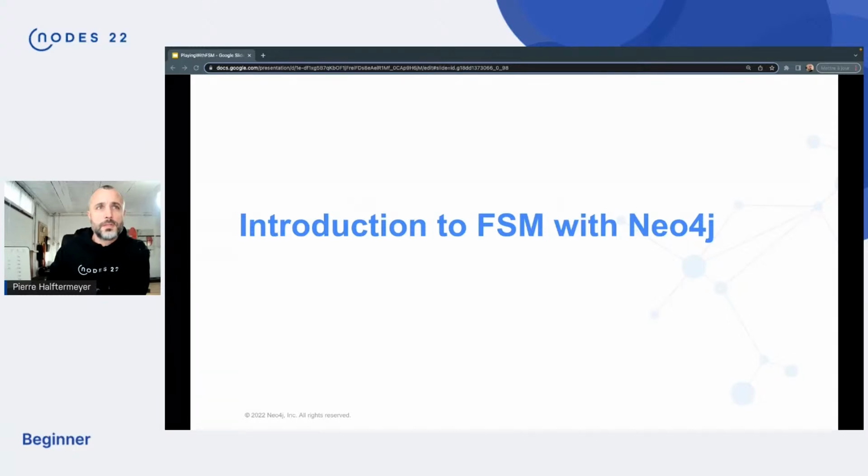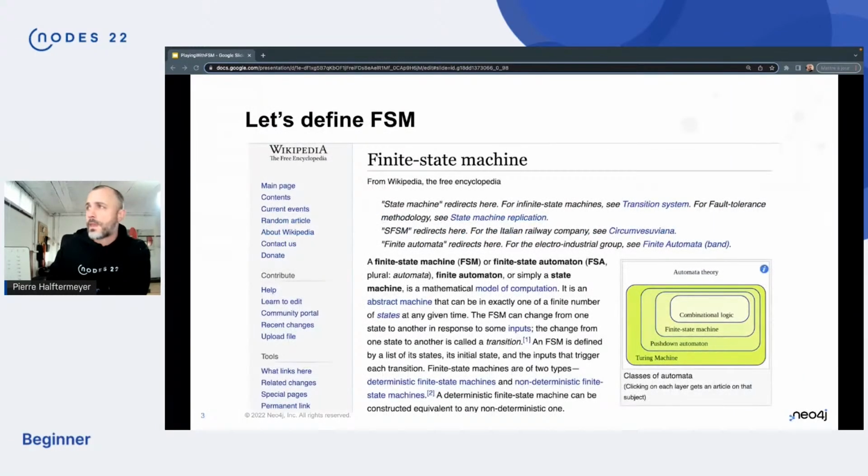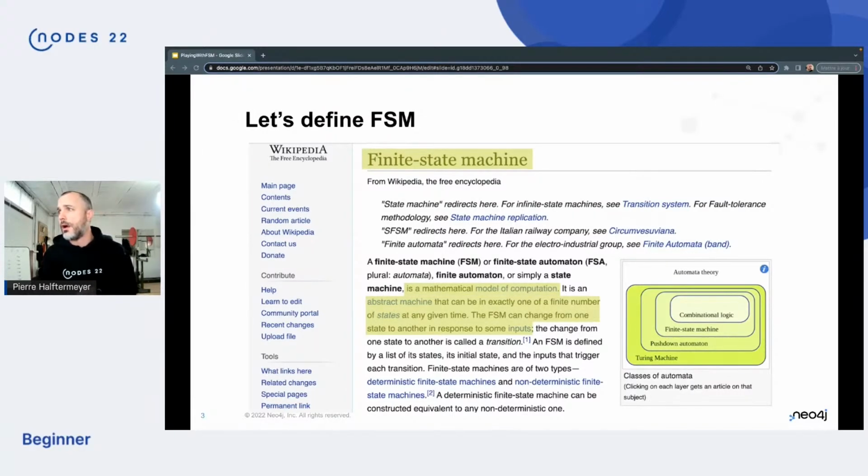What does Wikipedia say about them? Finite state machines are a mathematical model of computation. It is an abstract machine that can be in exactly one of a finite number of states at any given time.